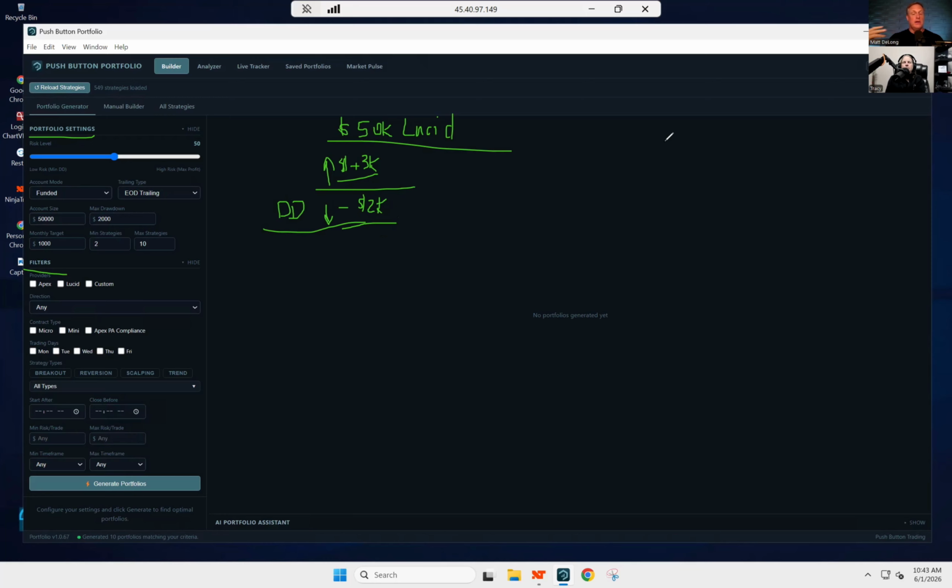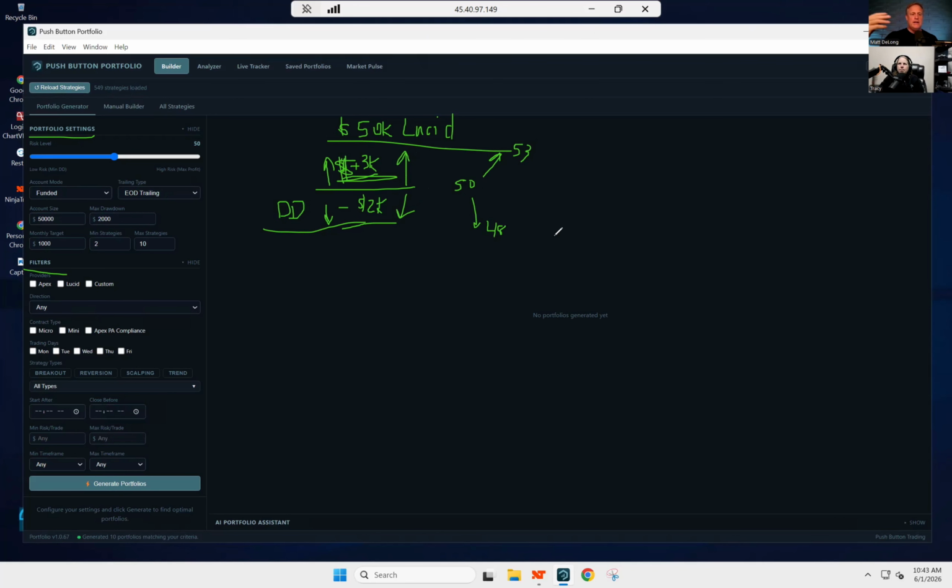In certain groups like Lucid, they have three different account types. In case it's confusing enough, there's three different kinds of Lucid 50K accounts. We're just going to start with the basic one, which is you have to grow your account positive $3,000 without a negative $2,000. So you basically have to go from 50K up to 53K, but without going down to 48. That's the idea.